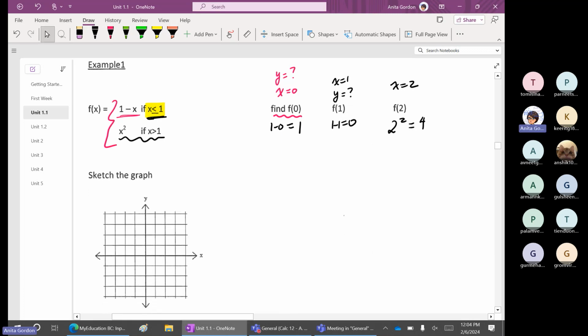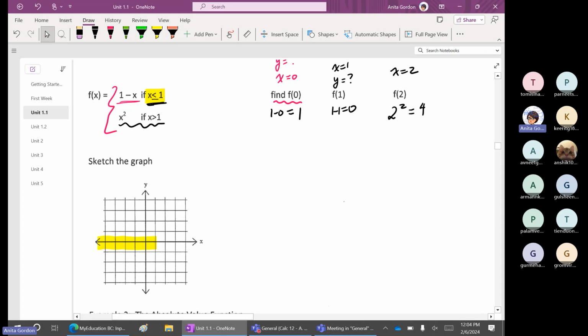Now let's take a look at the graph. If x is less than or equal to 1, so let's say this side of the domain, then we have y equals, I'm going to rewrite this as negative x plus 1. Can you see why that's still true?